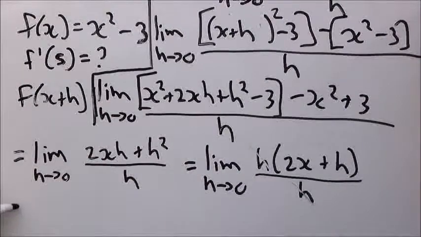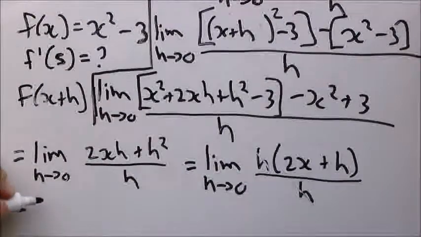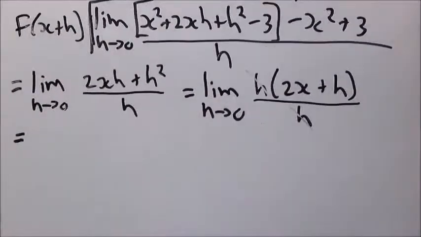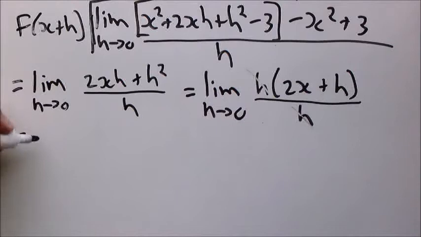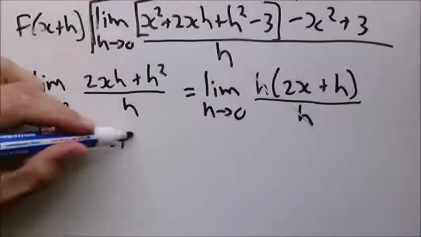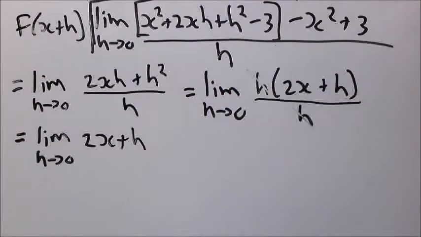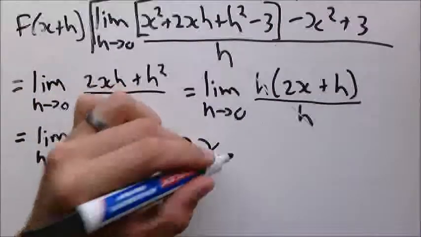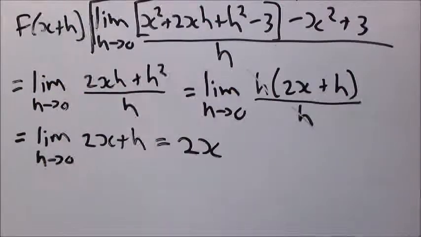So now you are left with an expression that looks like this. Now we can let h approach 0. Okay, so h approaches 0 now, so this whole expression becomes 2x.